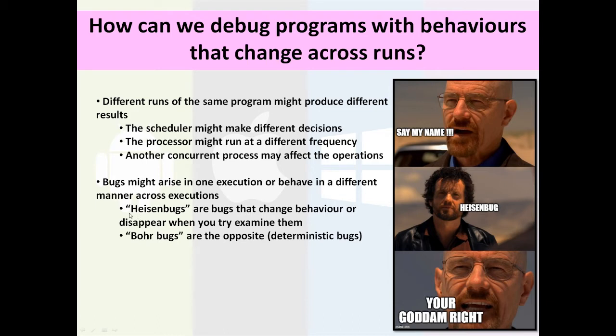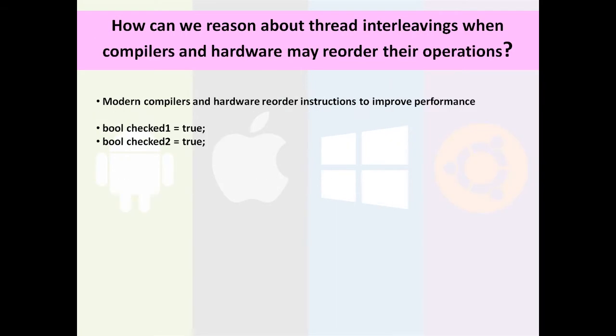So Heisenberg bugs very frequently pop up when doing multi-threaded programming, which makes sense because it's dependent on multiple factors like the scheduler, the processor, other processes. And the other thing that I mentioned was that modern compilers and hardware actually reorder instructions to improve performance.